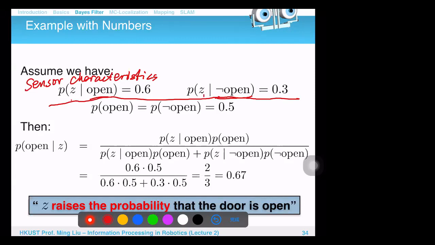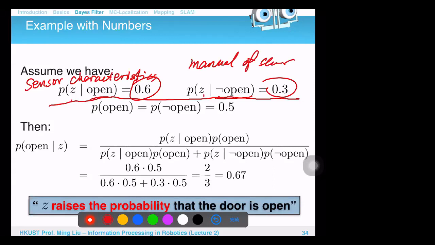You will have these values from your sensor's manual, from the menu of the sensor. The manufacturer should do this before they send the sensor to the customer. That's the characteristic of a sensor, which can be determined by a calibration or by a specific experiment.